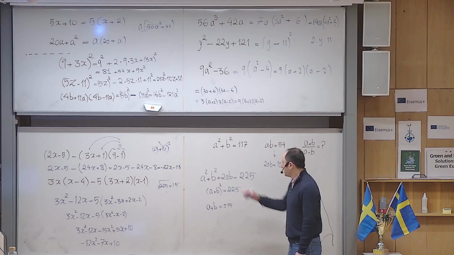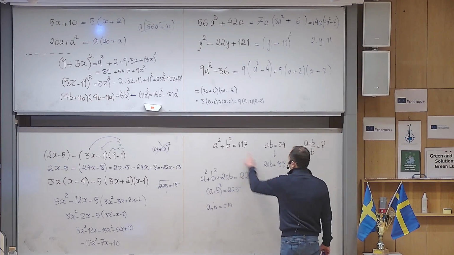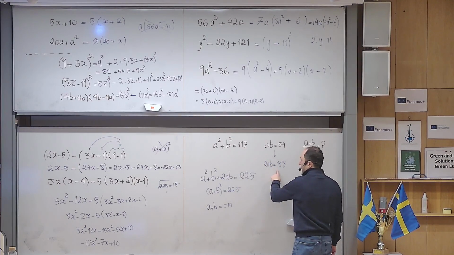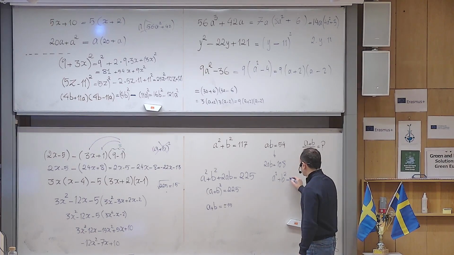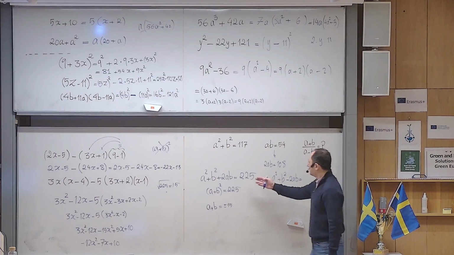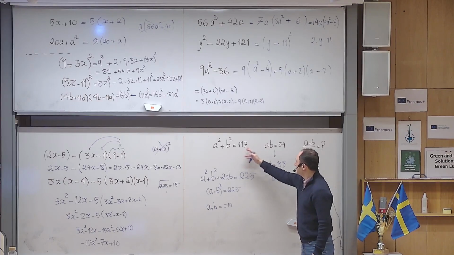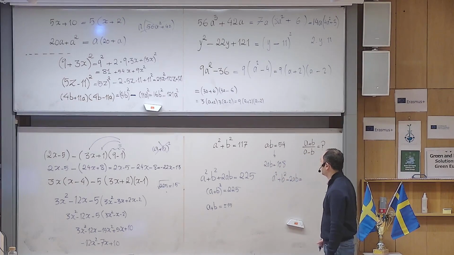Okay, so what is the idea? This time, instead of adding them side by side, I subtract them side by side. So it becomes A squared plus B squared minus 2AB is equal to what? Is equal to 117 minus 108. What is the number? Is that 9? Yes.